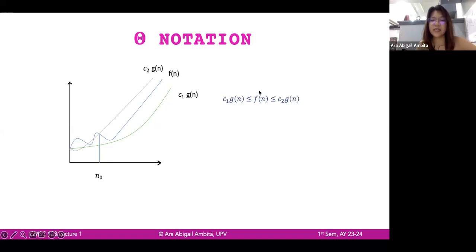So we can then say that in the theta notation, the function f of n is greater than or equal to c1 g of n, which acts like a lower bound, and c2 g of n is greater than or equal to f of n, wherein both constants c1 and c2 are greater than 0 for all input sizes going to infinity after some input n naught.